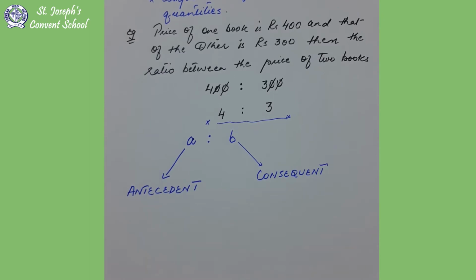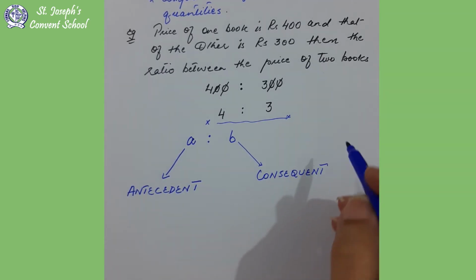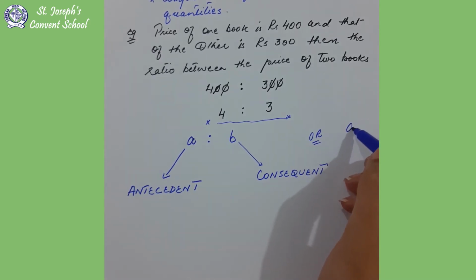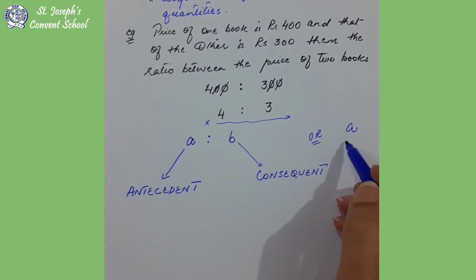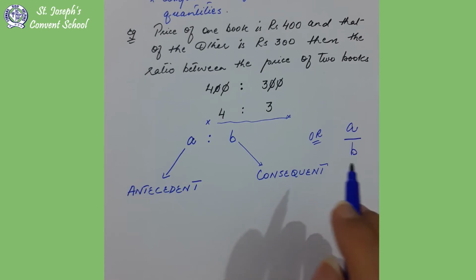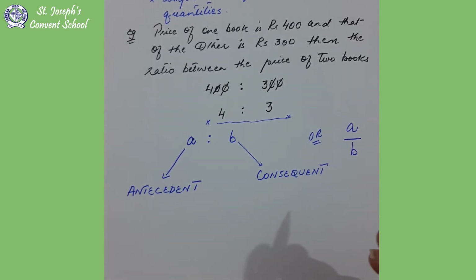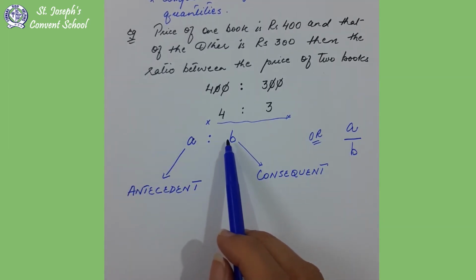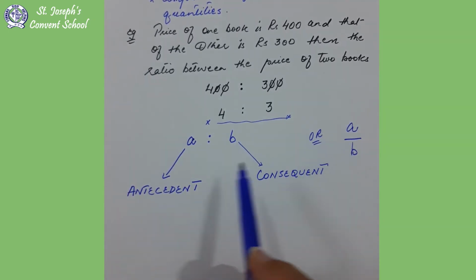Now you can also write it like this, A upon B. You can write this ratio as A is to B or A upon B, both are the same thing.